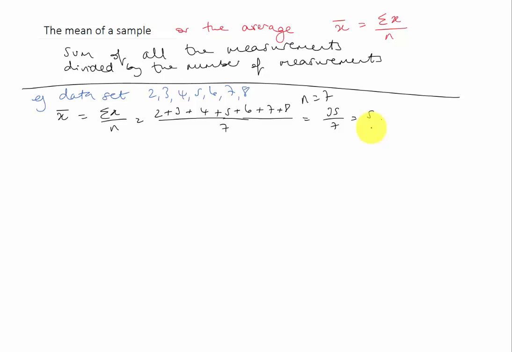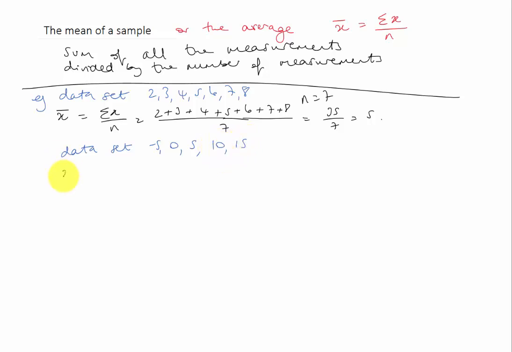Fairly straightforward, I think. So I've got a couple of points I want to make. This is a useful way of seeing the central tendency of our data set, but it might not tell us everything. So for example, here we've got a sample with a mean of 5. How about if we've got a data set of -5, 0, +5, +10, +15.